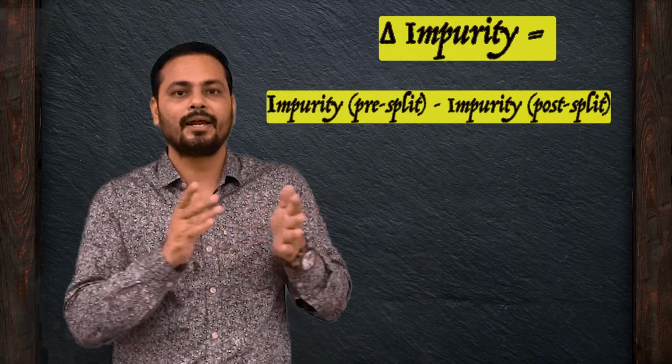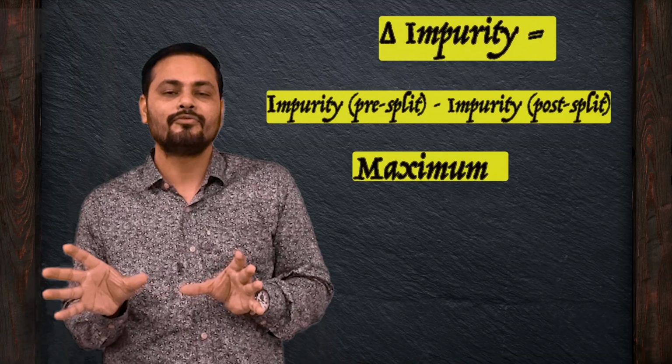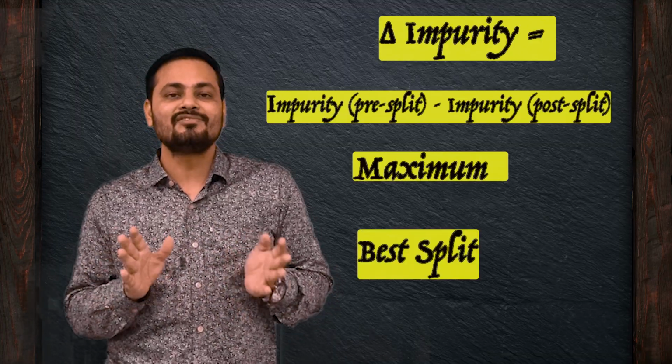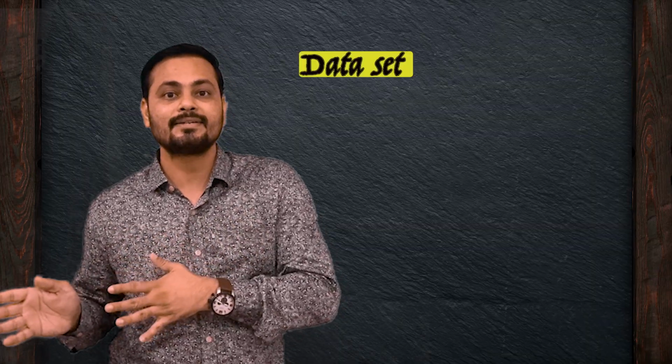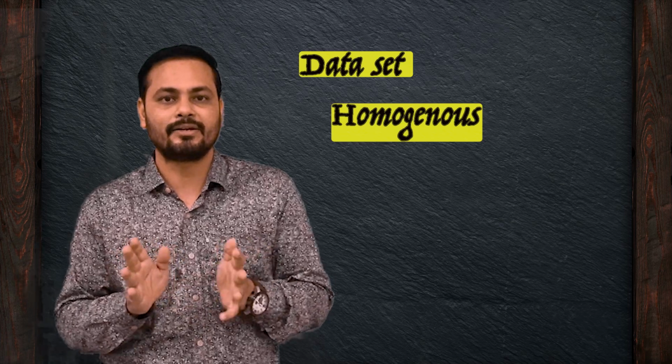So we define a term called delta impurity. It means the difference of impurity pre-split and post-split. If this difference is maximum, then we have the best split. This means you are reducing the impurity to the maximum, making the dataset more and more homogeneous. This is how homogeneity and impurity are related to each other.